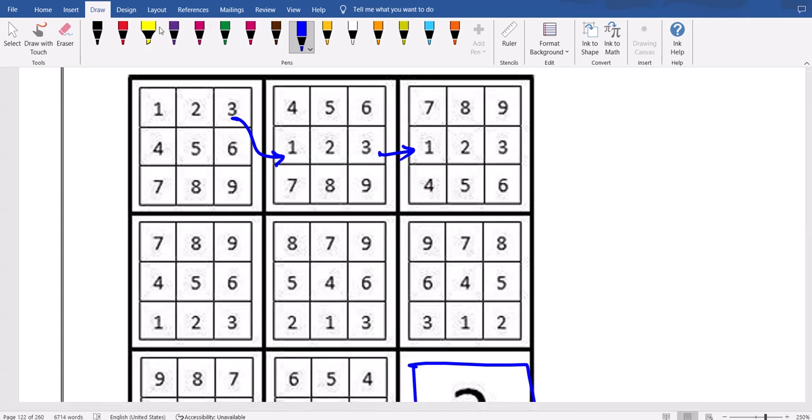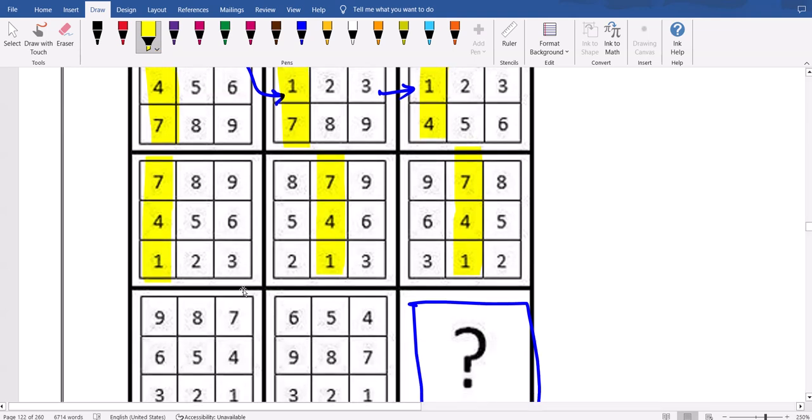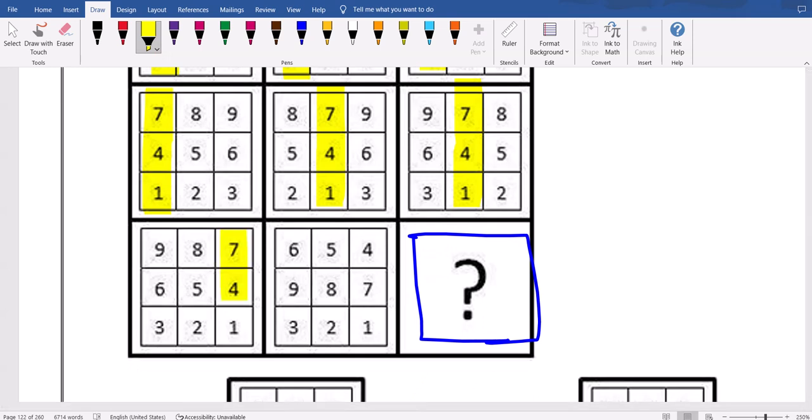If you observe the columns, every column is having 741 or 714. Maybe that column requires those numbers. You see 147, they used 147 in the column. The other one is 852, 852, 852.